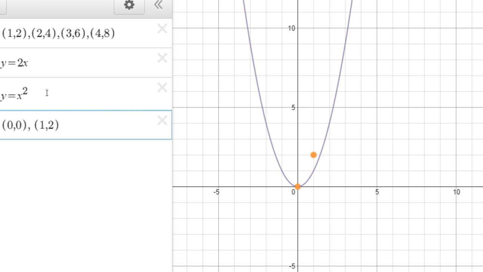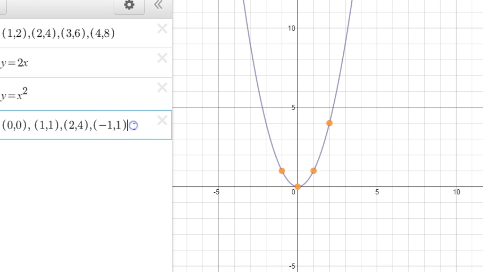Oh, which is not on it because I put 2, 1, 1. Then we should have 2, 4 with our dot right there. We should probably go a little bit to the left, so it'd be -1, 1.